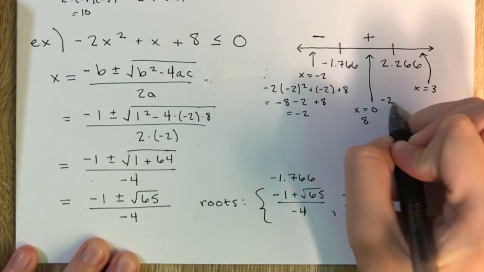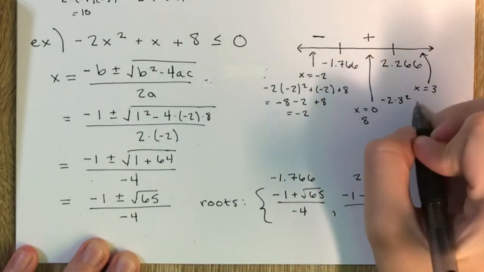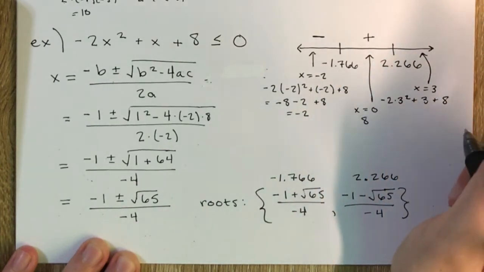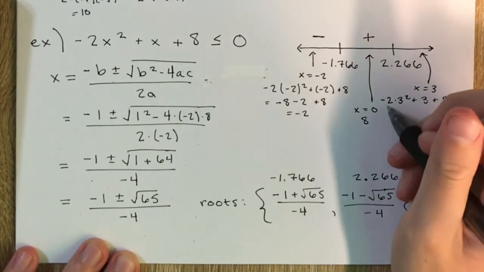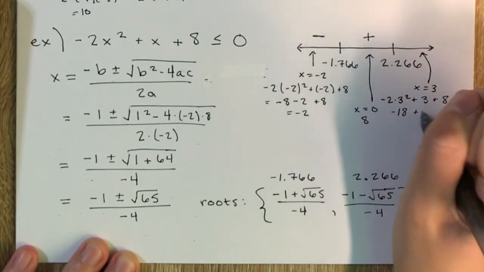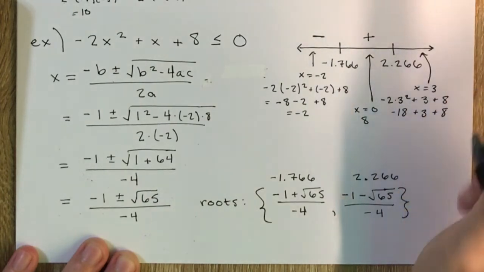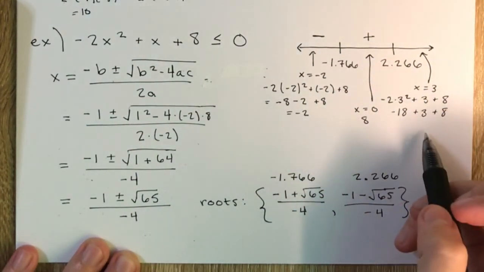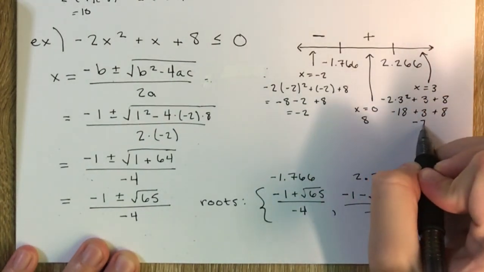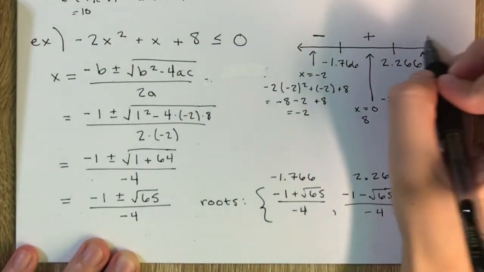So I have negative 2 times 3 squared plus 3 plus 8. 3 squared is 9, so I have negative 2 times 9, which is negative 18, plus 3 plus 8. That gives me negative 7. So that's negative.